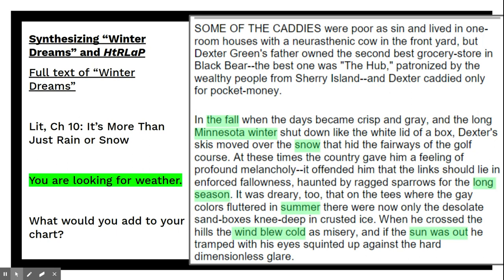So when we see mentions of these different things in our passage, we have to ask ourselves, okay, what is the purpose here? So for this particular part, he's really focusing in on the winter and how it's not a very pleasant thing. Now, there is the mention of summer and sun, but it's really just to contrast against the harshness of the winter that he's describing.